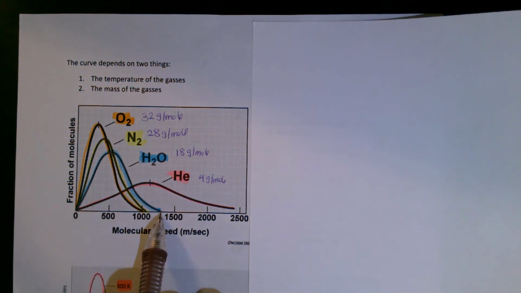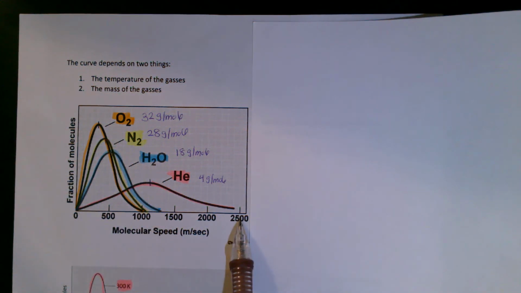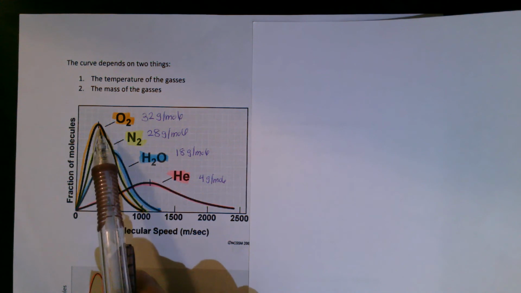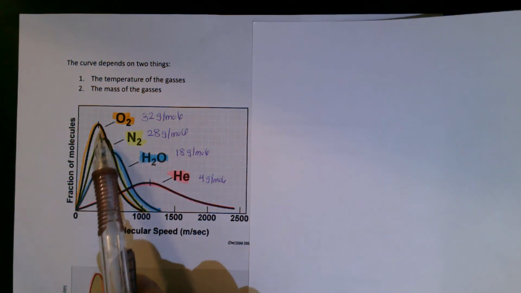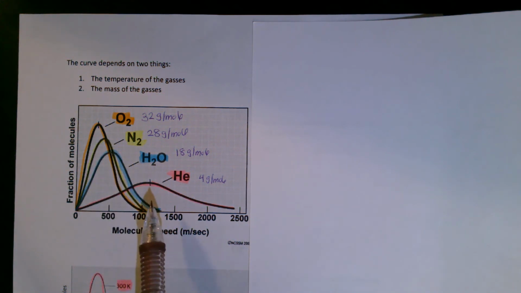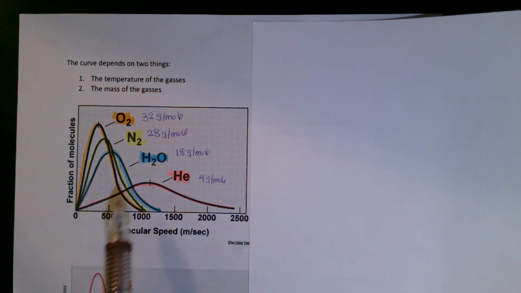For water, even further out, maybe 0 to 1,300. For helium, the range of speeds is from 0 to almost 2,500 meters per second. So not only are the average speeds a lot less for heavier gases, but when you have a much lighter gas, you have a much larger distribution of speeds. We see that by looking at the range.